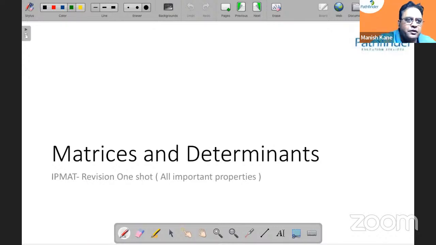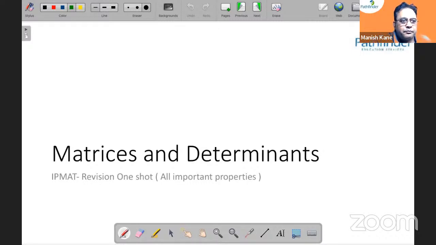We are going to solve some amazing questions, very similar to and of the same difficulty level as have appeared in the IPMAT 2022 IIM Indore exam. Since this is a revision session, I will be covering almost all the important properties of matrices and determinants in addition to solving questions.